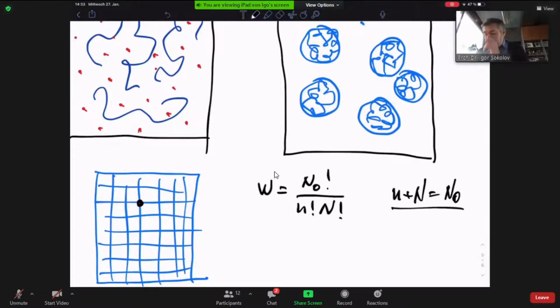Now, I got the intuition, or we have to get an intuition, that the total number of ways W in which you can place objects is the number of relabelings of all possible positions, divided by the number of configurations of relabeling of one kind of the object.